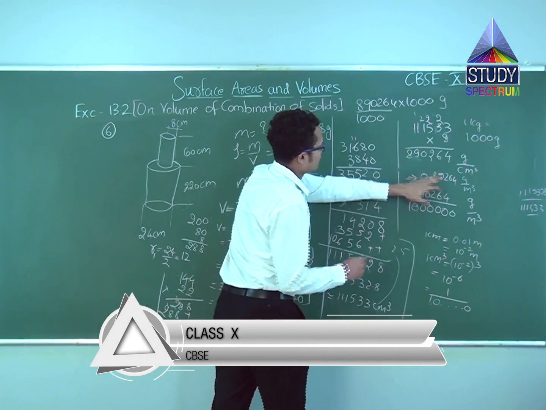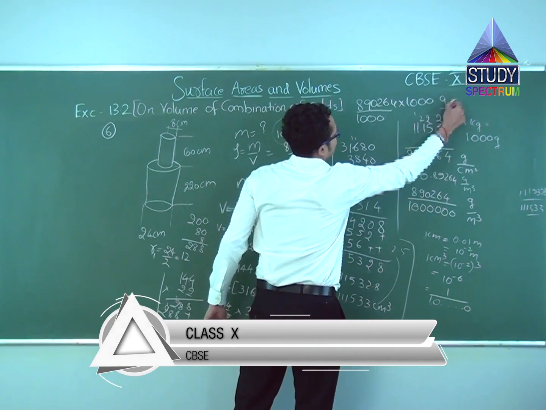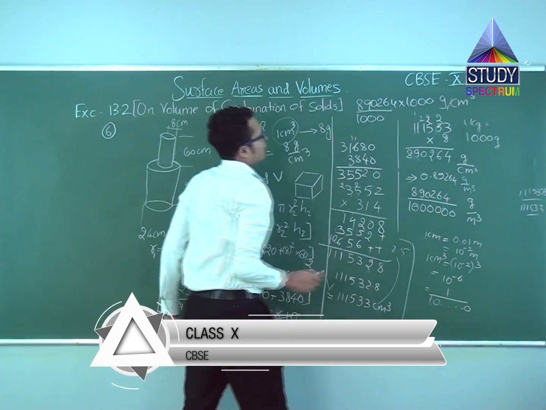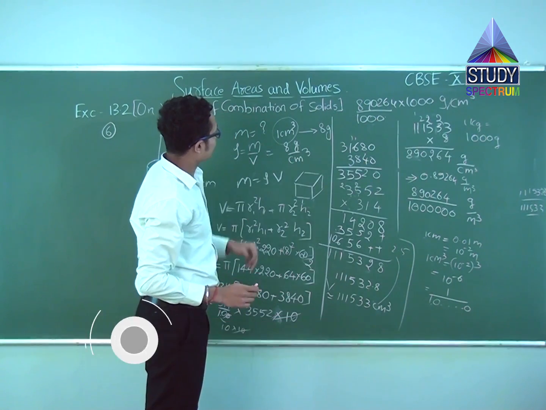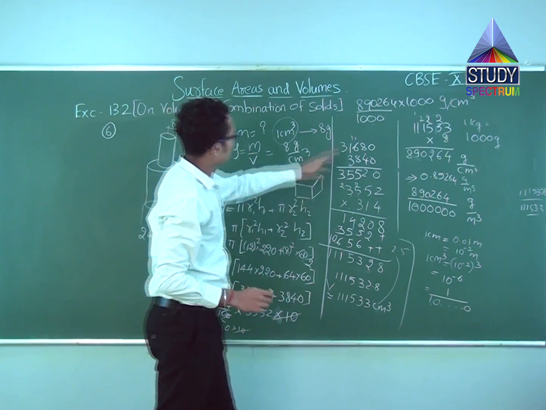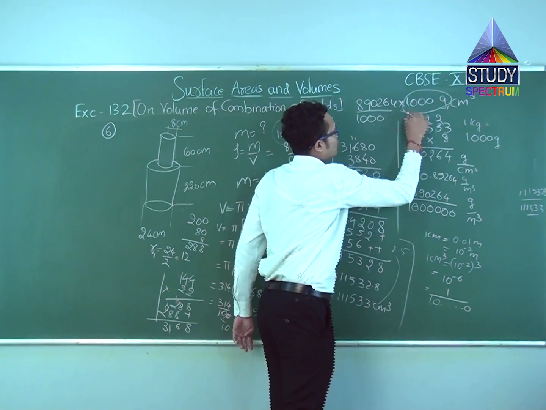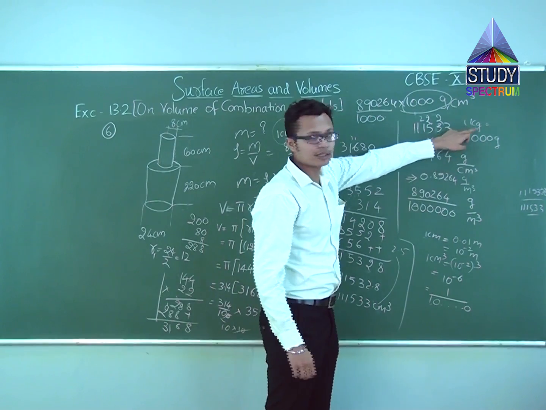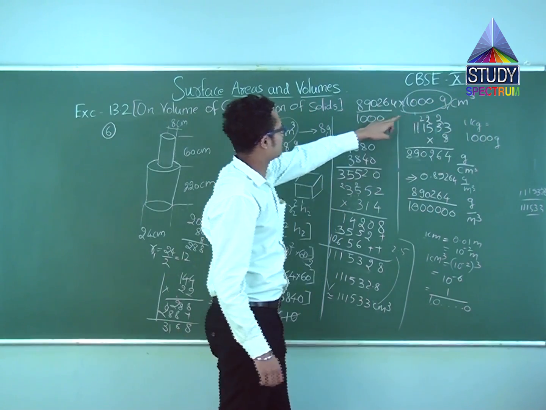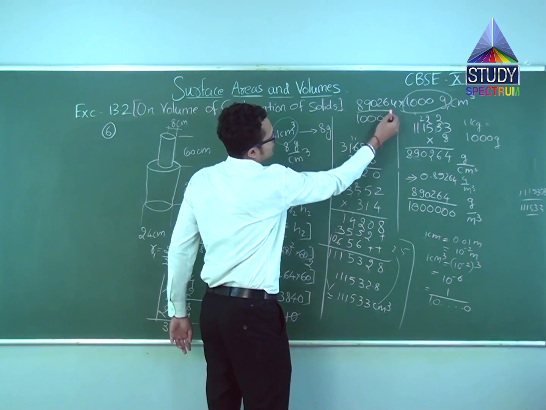So this value is gram per centimeter cube, multiply by 1000 and divide by 1000. Now 1000 grams is nothing but how many kgs? That's 1 kg. I've written here. So this can be written as just kg.